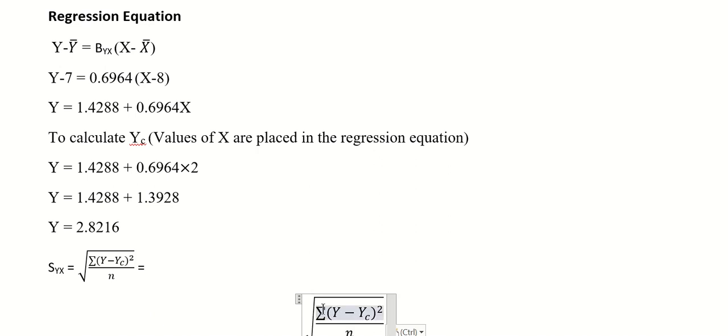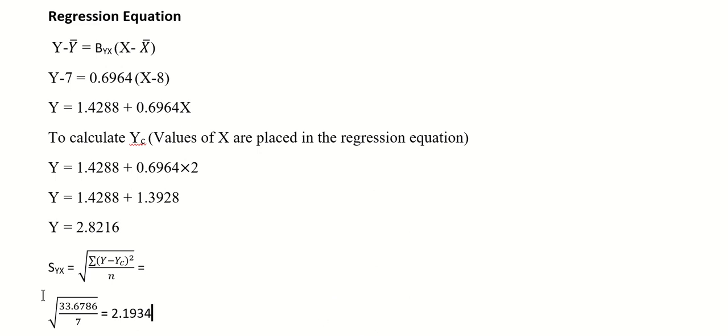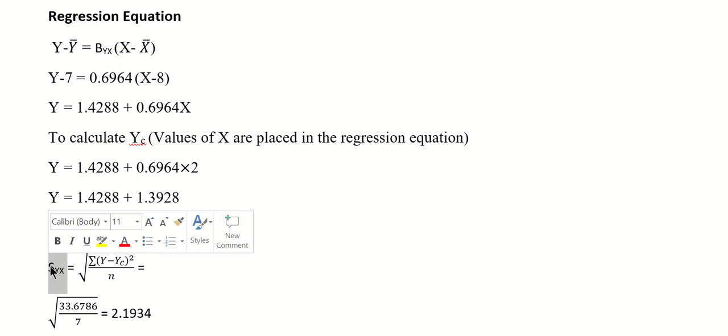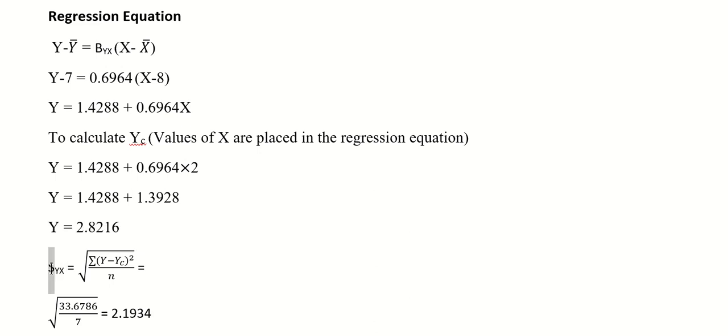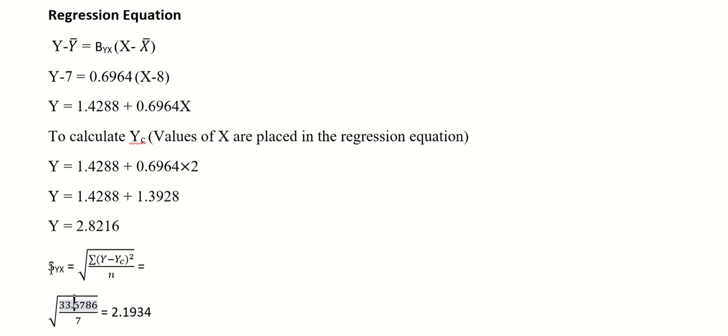So summation of y minus yc square is 33.6786 divided by n, which is 7. So the answer is 2.1934. This is how we have calculated standard error of y on x. So the error is 2.1934. It should be as small as possible, right?